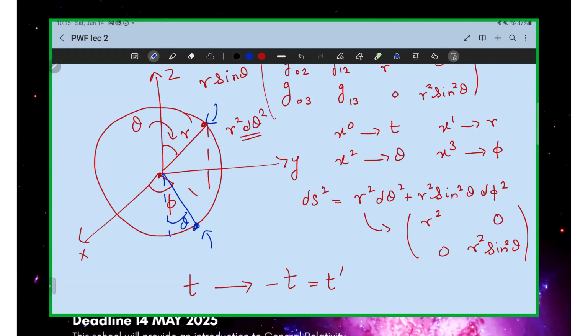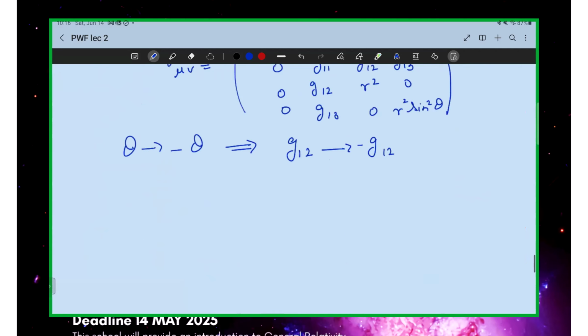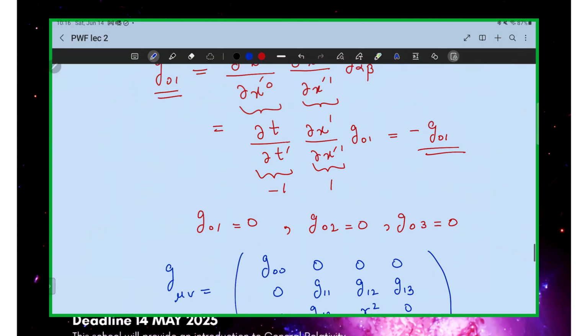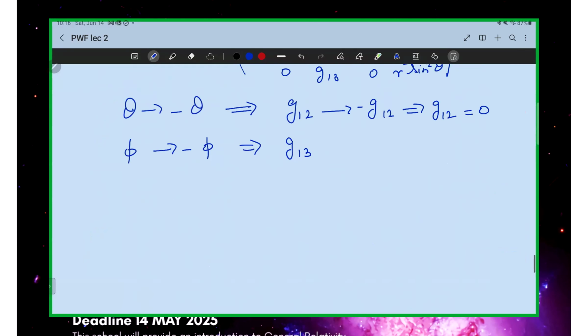So therefore, the metric should not change. Therefore, if the metric is coming out to be negative of itself, it should be 0. So this should be 0. And you can play the same game with phi going to negative phi. You can do similar steps to show that G13 will go to negative of itself, which means that G13 is 0.